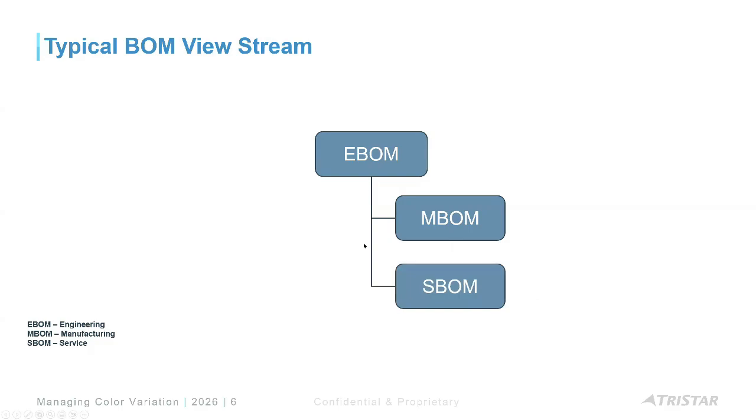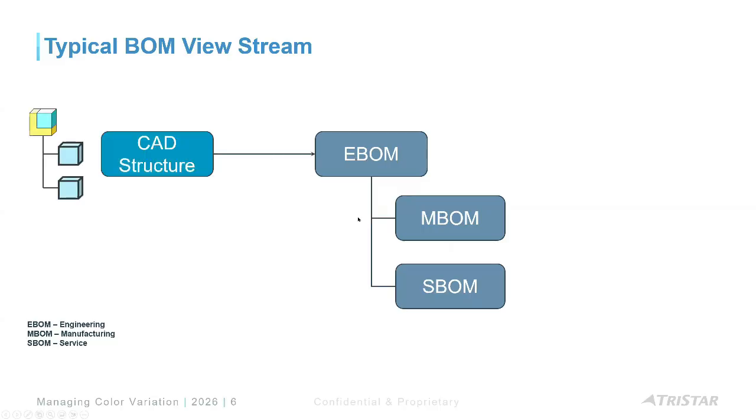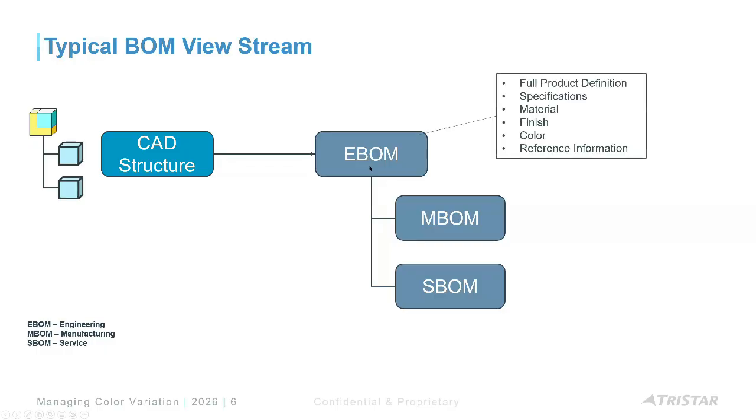And a lot of times people don't really configure the service from the manufacturing. They may do it from the design or engineering side. And typically, when you create a WT part, that WT part creates that Windchill part or the bill of material itself.